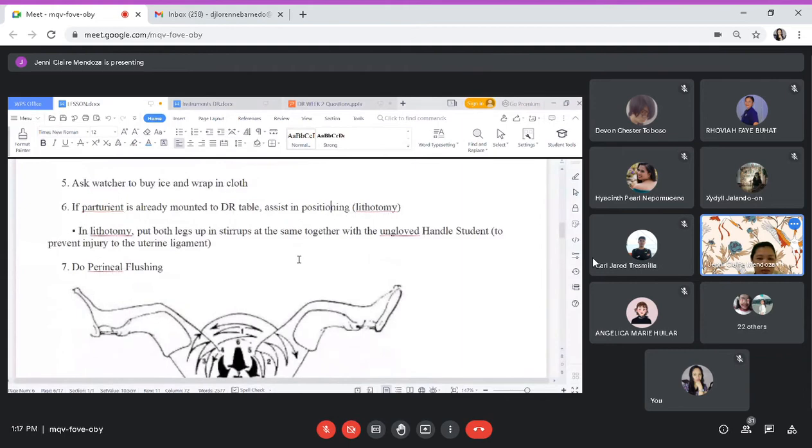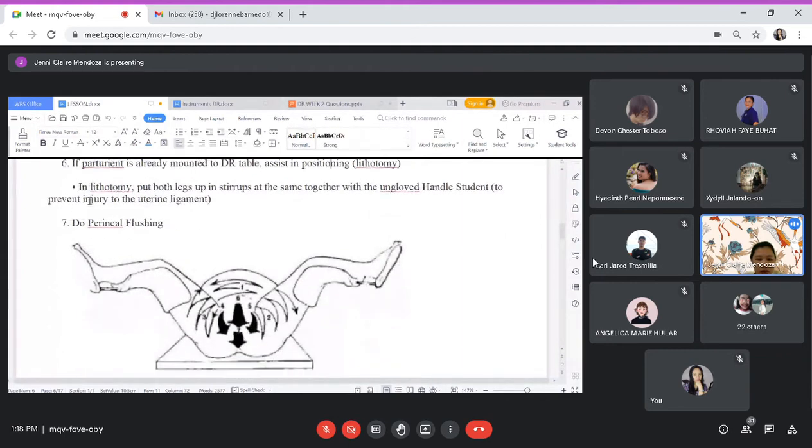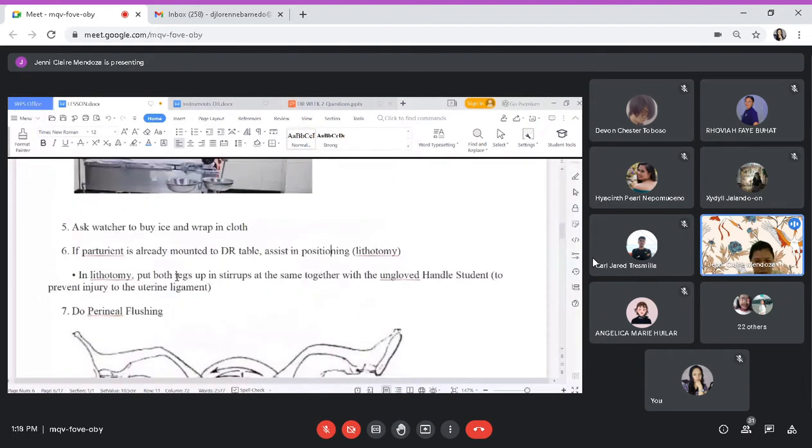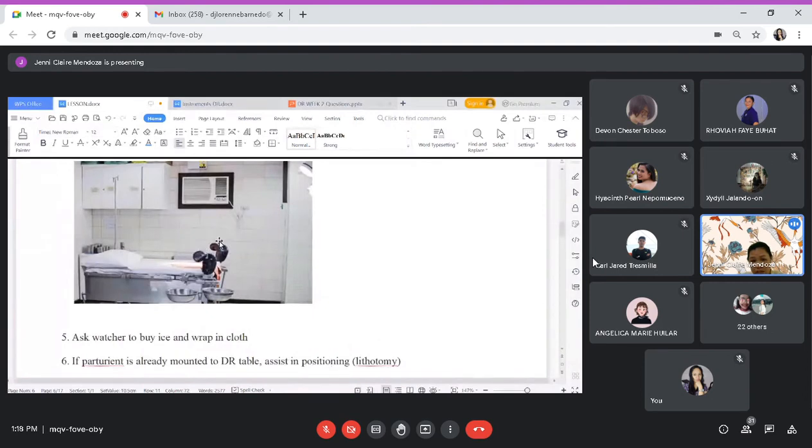Okay. So if the mother is now mounted on the table, you assist the mother in lithotomy position. So you raise the legs and place them in the stirrup. This stirrup, this black part, is where you put the legs of the mother.